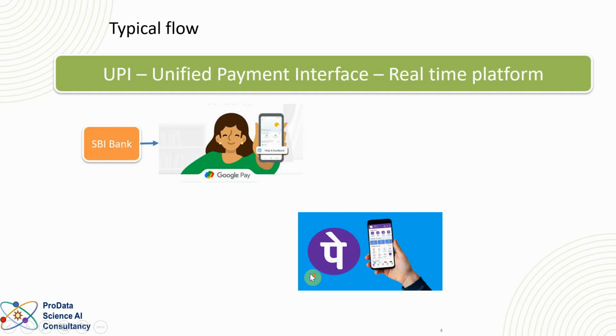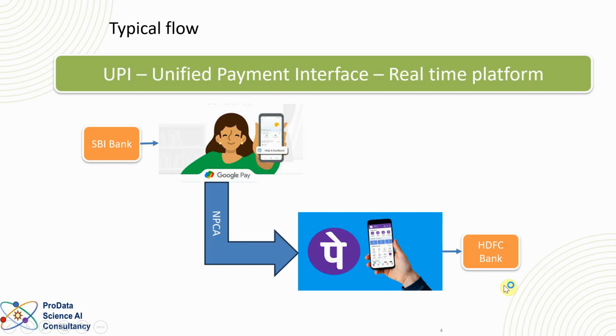If this person has the account in SBI, the money will transfer from SBI through NPCI to HDFC bank if the payee account is linked with HDFC. That's how the money got from here to HDFC through NPCI, and that's the role of NPCI.